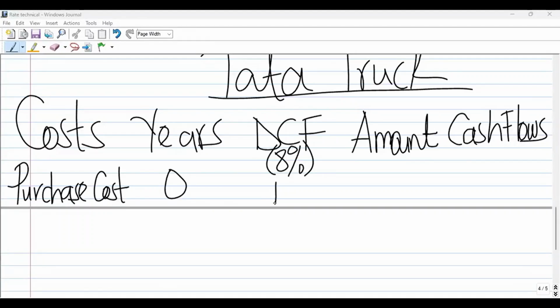Let me just display here a table to be comparing with our figures. I've got it here.